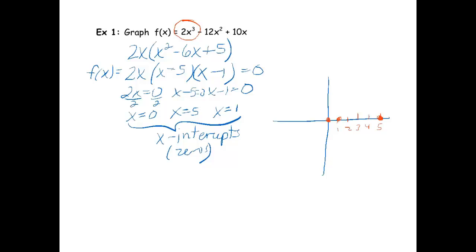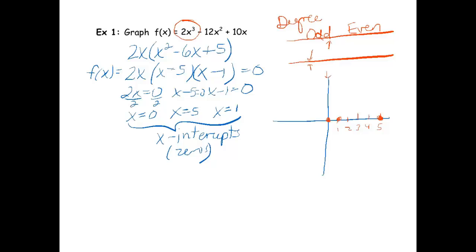So if the degree is odd versus being even, the graph is either going to end like this, or like this.